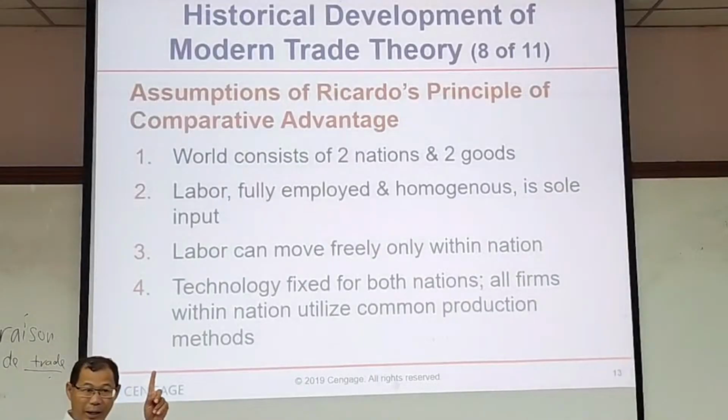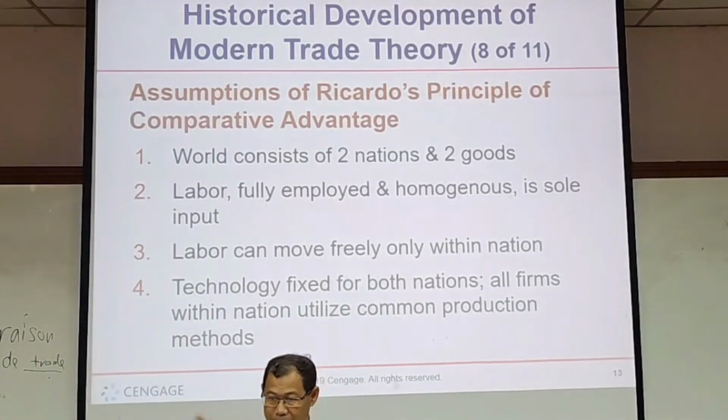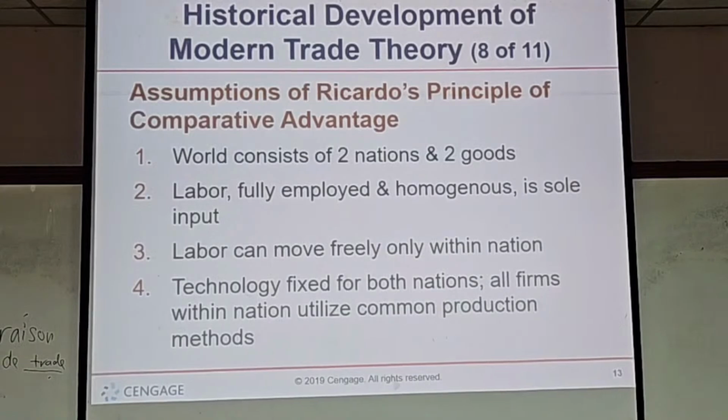Not yet Heckscher-Ohlin. Same quality. Except that this is comparative advantage.